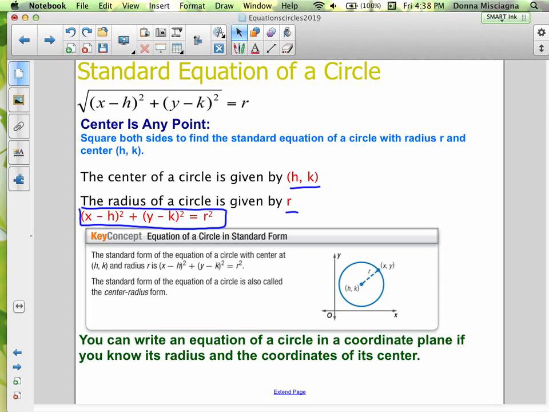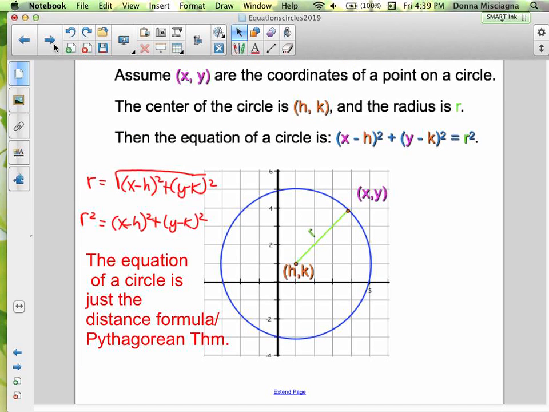So the standard form of an equation of a circle with center at h, k and radius r is x minus h all squared plus y minus k all squared equals r squared. So you can write the equation of a circle in the coordinate plane if you simply know its radius and the coordinates of its center. We do not have to derive that again. There are a couple examples that I'm going to go through, and then there's one in your notes.